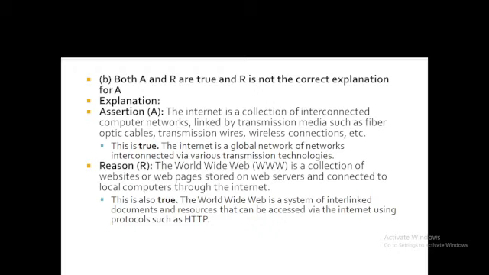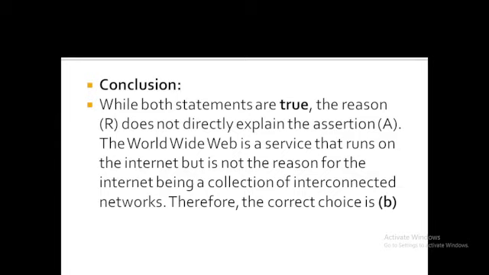The internet is a collection of interconnected networks. This is true. The internet is a global network of networks via various transmission technologies. And the reason given is the World Wide Web is a collection of websites or web pages stored on web servers and connected to local computers through the internet. This is also true. The World Wide Web is a system of interconnected documents and resources that can be accessed via the internet using protocols such as HTTP.